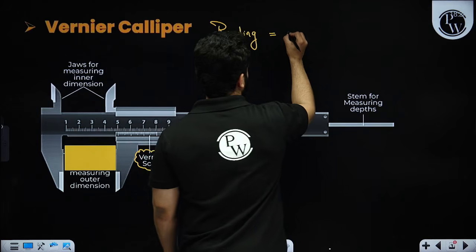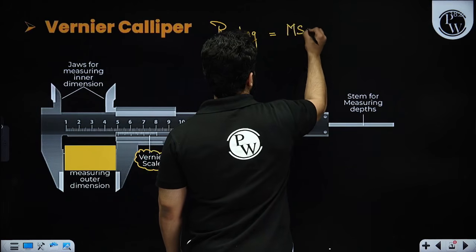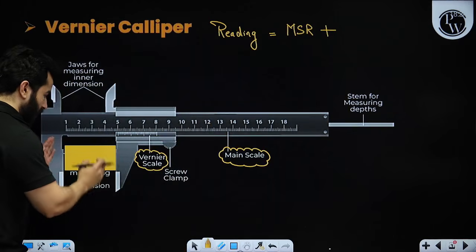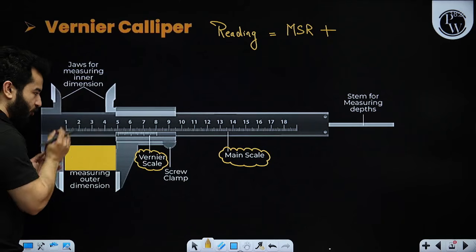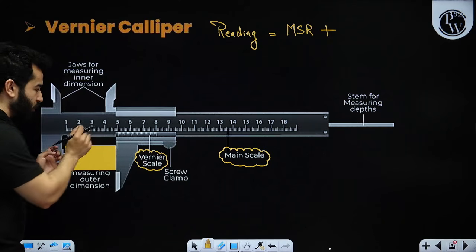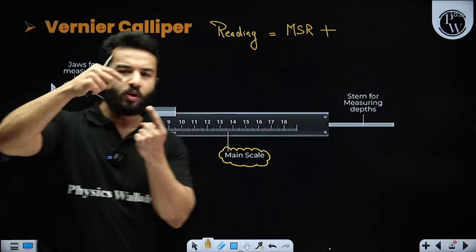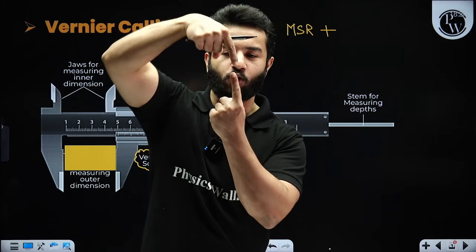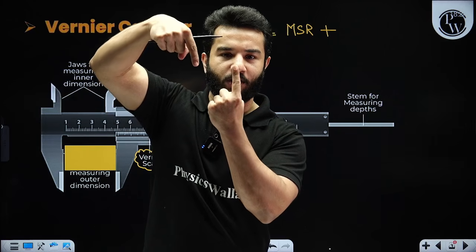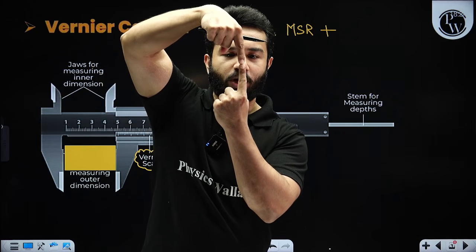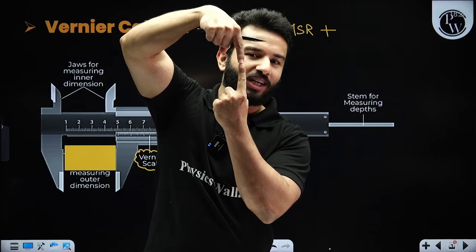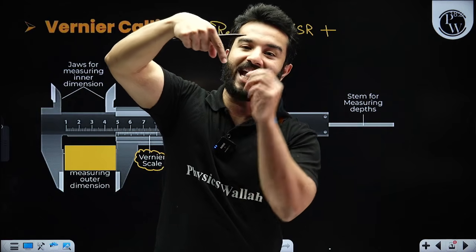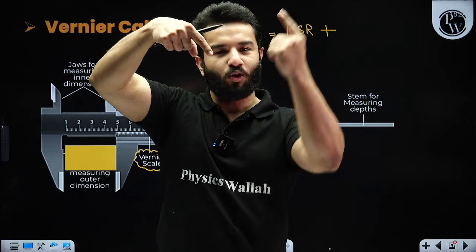So we are going to first write the main scale reading plus, then we are going to talk about our Vernier scale. For the Vernier scale, we are going to see which Vernier scale division is coinciding. Coinciding means, let's suppose this is the Vernier scale and this is the main scale. So we are going to look for which Vernier scale division is coinciding with a main scale division. So let's suppose it is the nth or pth Vernier scale division.